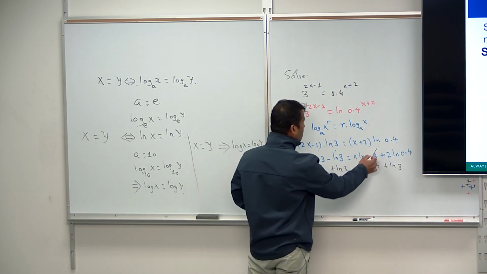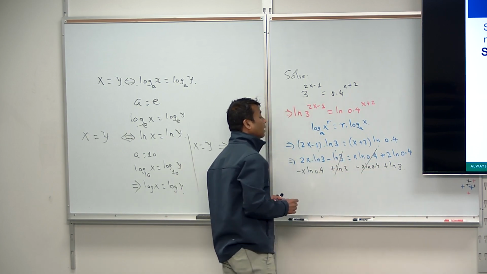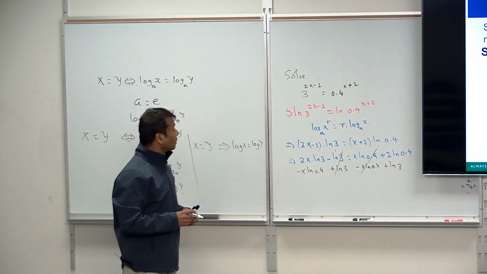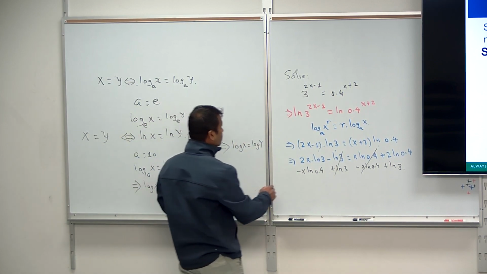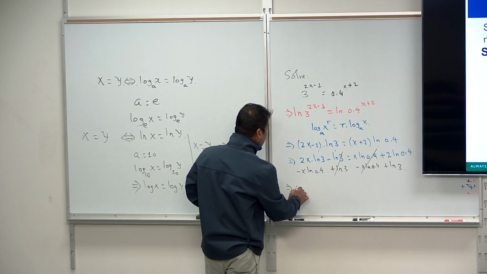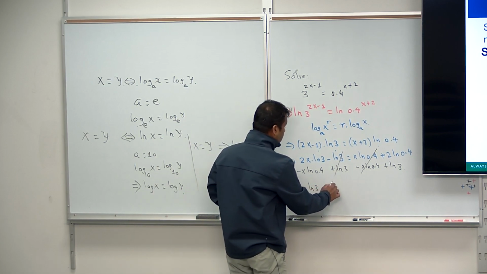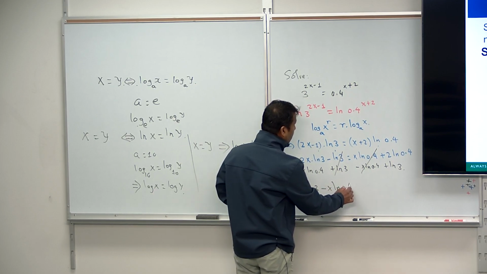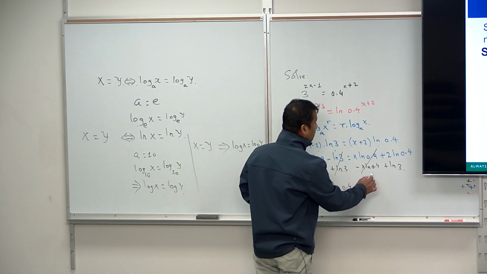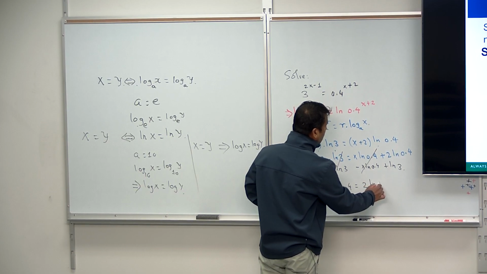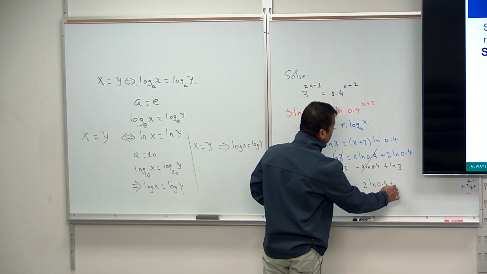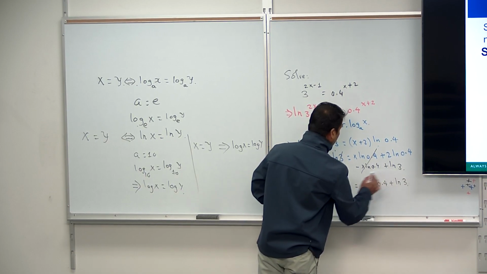So you cancel that and you cancel that. So now what do you have? On the left side, you have 2x ln 3 minus x ln 0.4 equals, on the right side, 2 ln 0.4 plus ln 3.